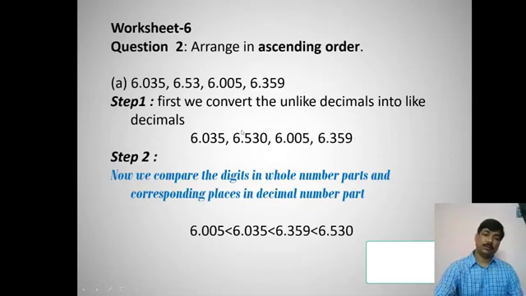So now we have converted these unlike decimal numbers into like decimal numbers. In step 2, what will we do? Now we compare the digits in the whole number parts and the corresponding place in the decimal parts, and we will get the ascending order.